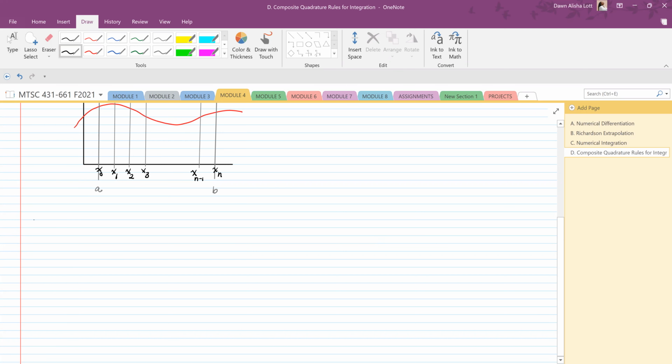Here's the example. We have the integral from 0 to 2 of e to the x dx is 6.3890561. I might even be able to get it better than that.